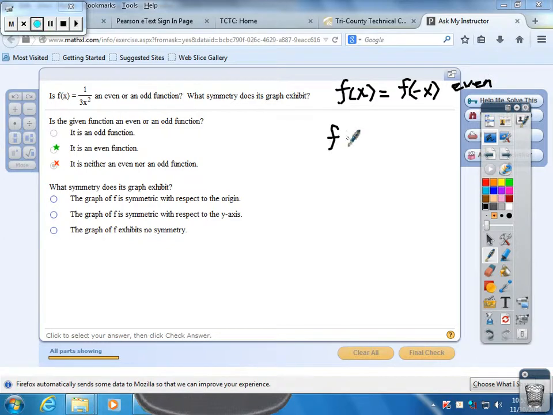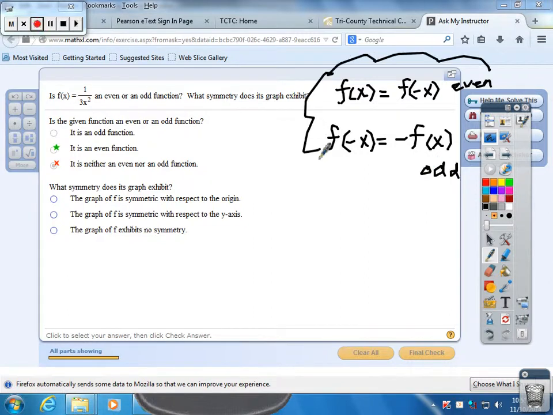If f of negative x is equal to negative f of x, it's what? Odd. Now, y'all find the pages that's on. I don't know what page it's on, but that's the rule.